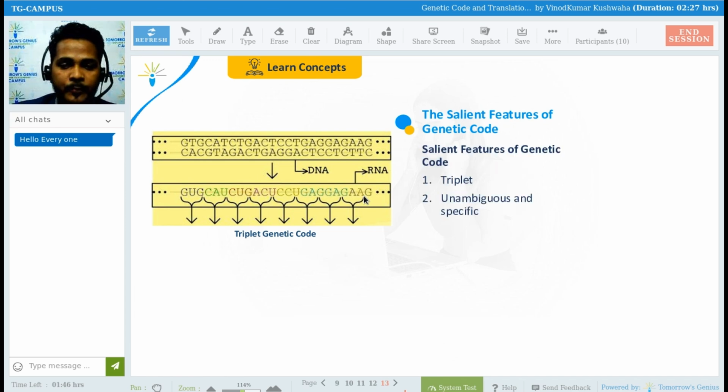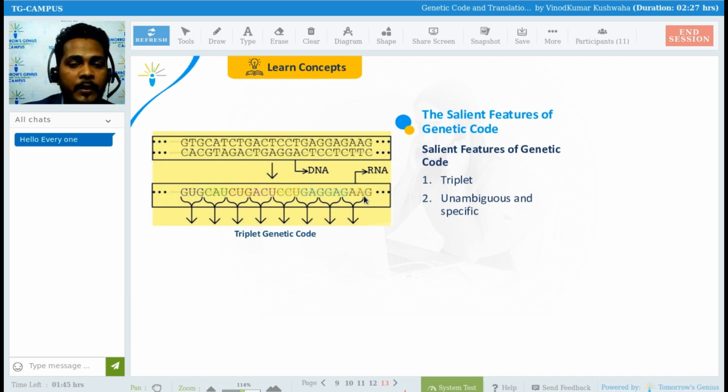Now the second salient feature: unambiguous and specific. Now what is the meaning of unambiguous? Unambiguous means specific, that is, one codon specifies only one amino acid. For example, AUG codes for methionine, so in that 64 codons, if there is AUG, it always codes for methionine, right?